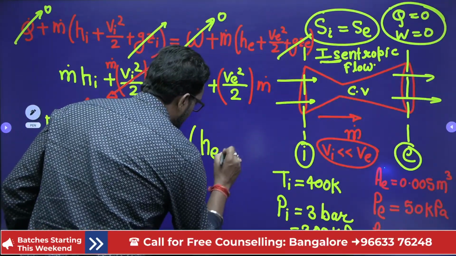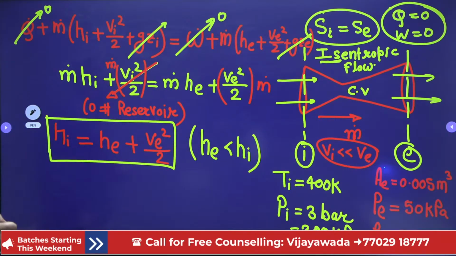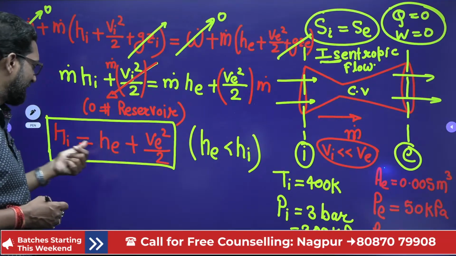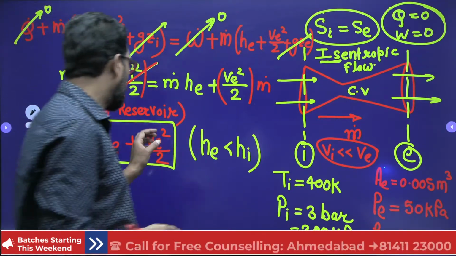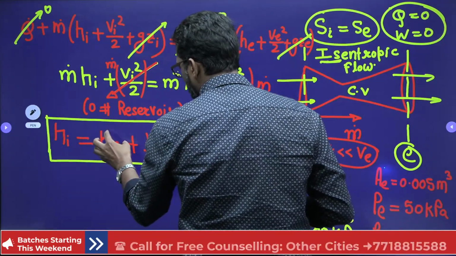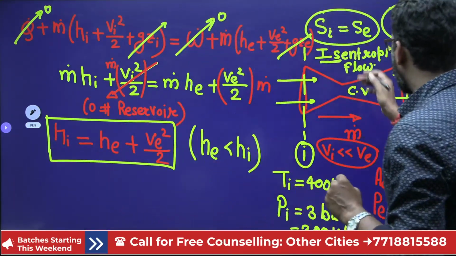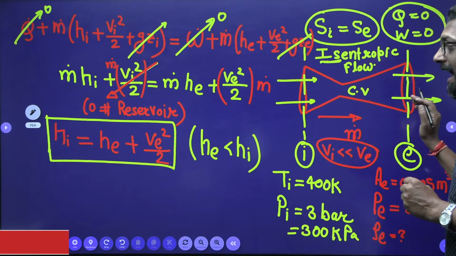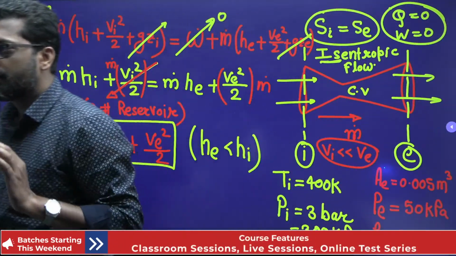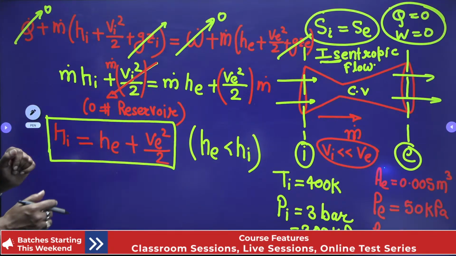He is less than hi. Yes or not? The enthalpy at the exit is less than the enthalpy at the inlet. Why? Because the kinetic energy is a positive quantity, so the inlet enthalpy is always higher than the exit enthalpy. So in the case of isentropic flow through the nozzle, the enthalpy at the exit always reduces. No problem at all.